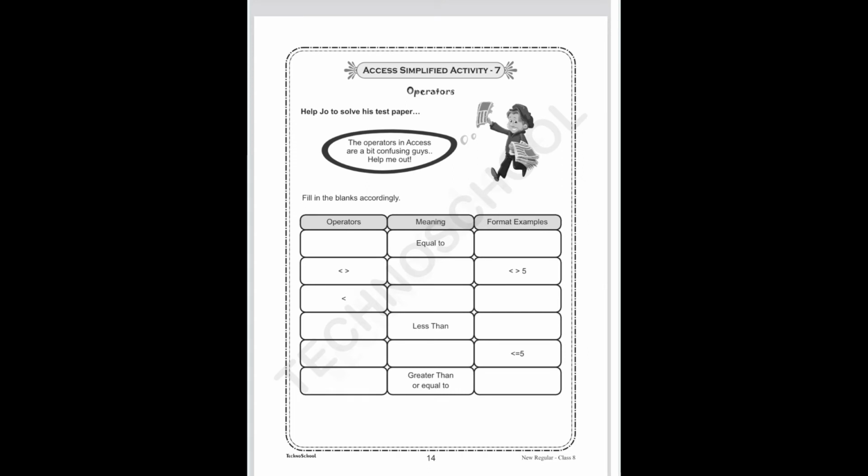Now I am explaining your workbook activity again: operators, their names and examples. The first one, equal to: give the equal to operator and give any equal assigning value, a is equal to 5, b is equal to 5, or any comparing equal sign value. And the second one, the not equal to operator.